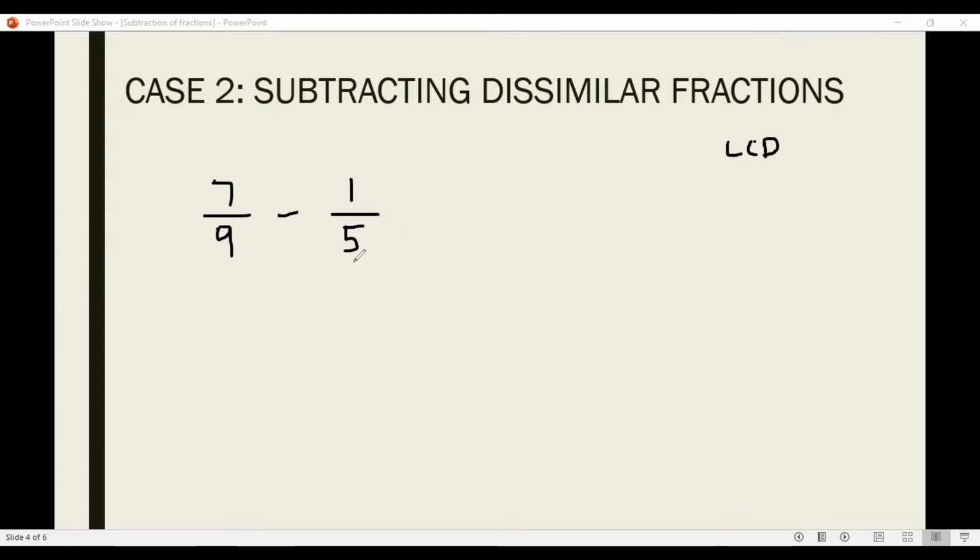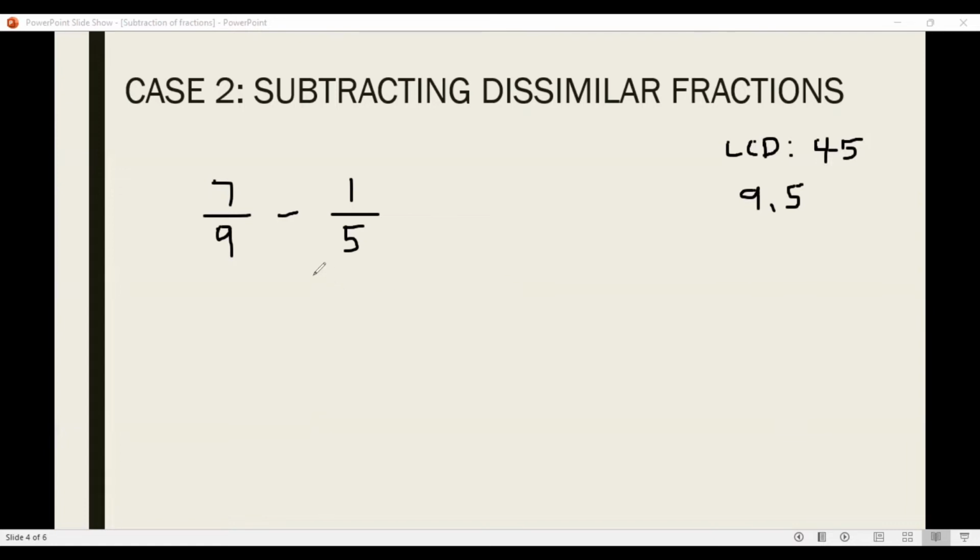Here, 9 and 5 are numbers which are relatively prime. There is no number that can divide both 9 and 5, except 1. So in that case, we can simply find the LCD by multiplying the two numbers. Again, that happens when you cannot divide the given numbers by a common number. So therefore, 9 multiplied by 5 is equal to 45.